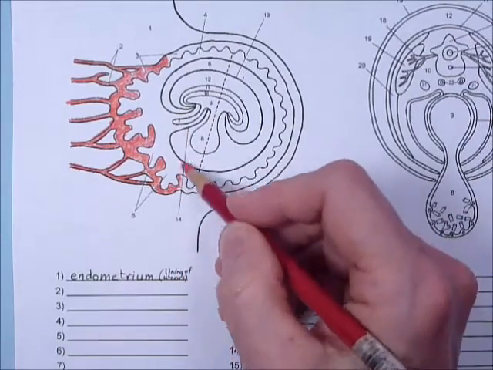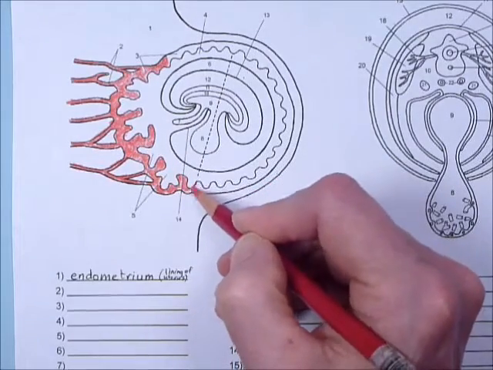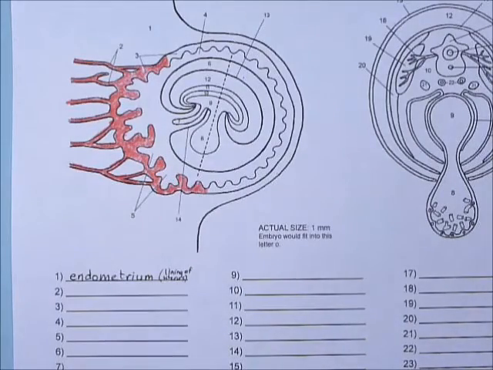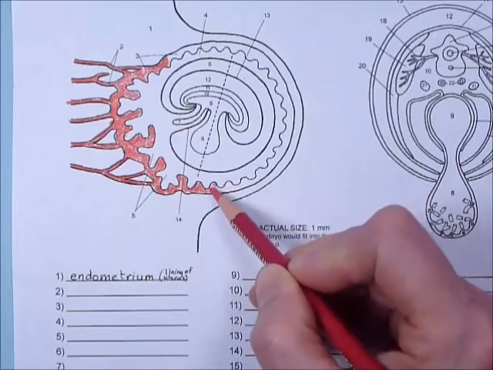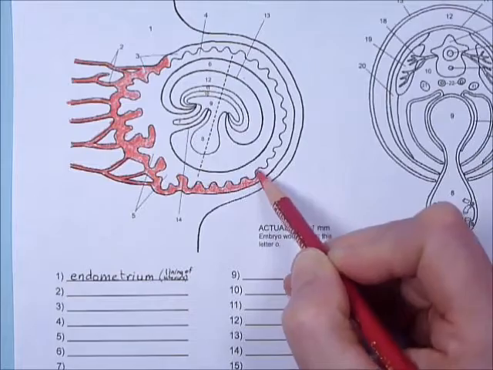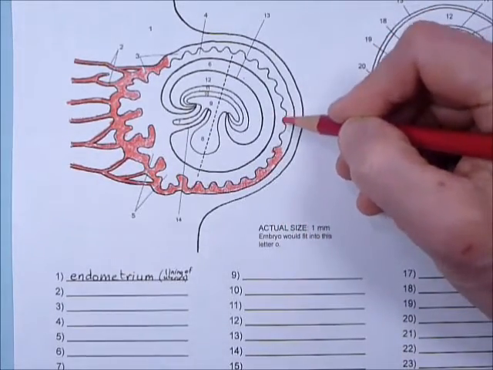Okay, now be careful not to obscure the lines and the numbers. If you're worried about it, you can even trace over the lines, but just kind of lighten up when you come to a line. Stay nice and light so that we can see them. Okay, we're going to color all the way around here.